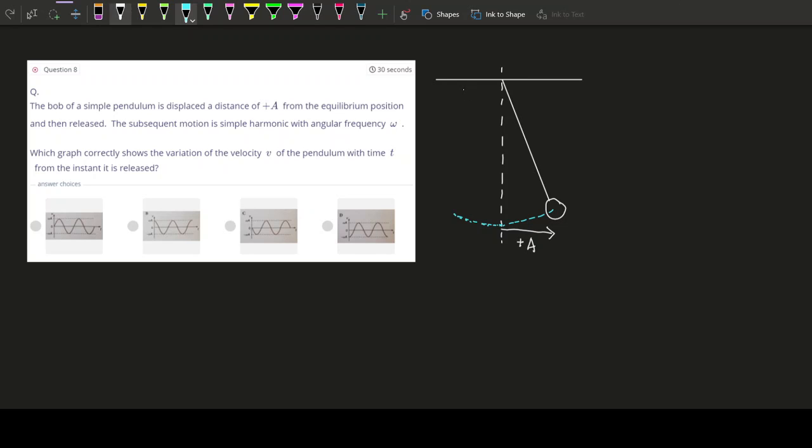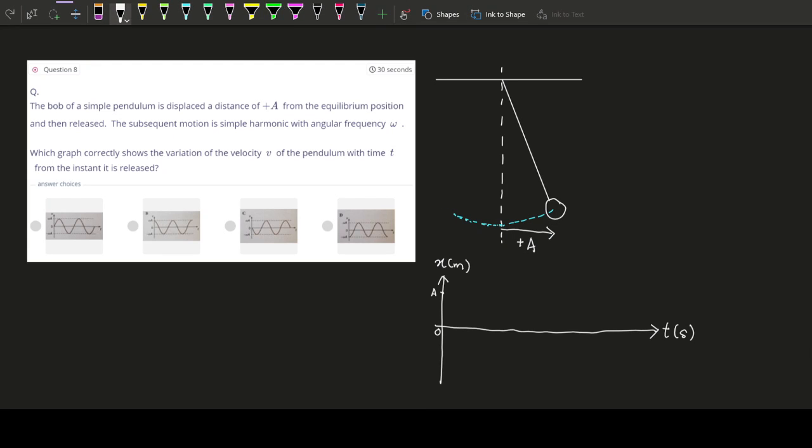If you want to draw the displacement time graph for this particular oscillation, it's x in meters against time in seconds. It starts from the amplitude, so at time equals 0, you start at the amplitude, which is A. Then when the bob is released, you move towards the equilibrium position, then move away from the equilibrium position.